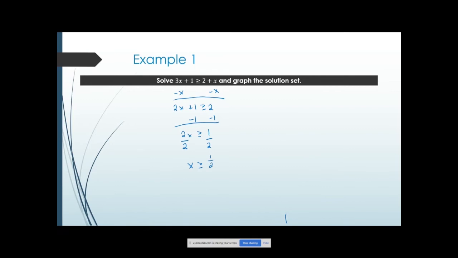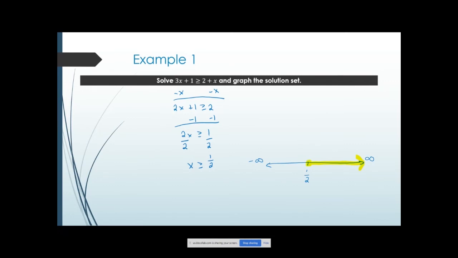So if we look at this as a graph, I'm going to just put a number line here. I'm going to put 1/2, and I have infinity and negative infinity. We are greater than or equal to, so everything to the right is greater than 1/2, and we can be equal to 1/2.